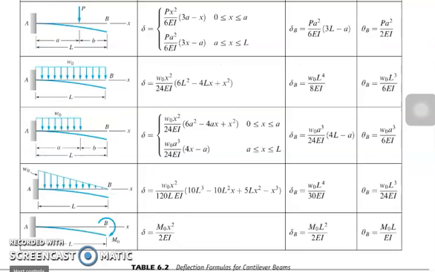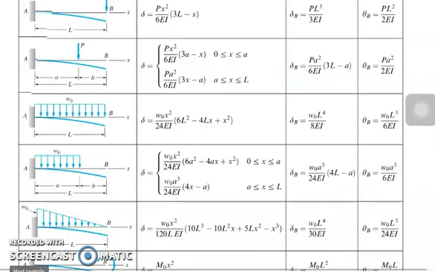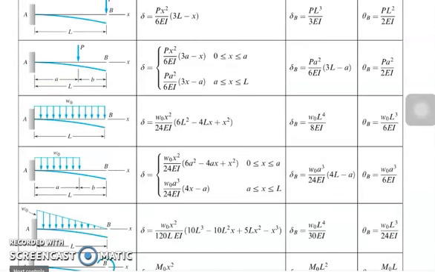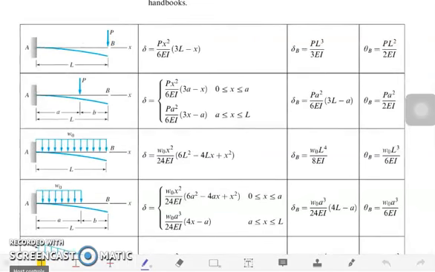If you observe, the beam is a cantilever, so there is only a fixed support on one end, and the other end has no support. Here we have different formulas to solve for the deflection as well as for the slope.